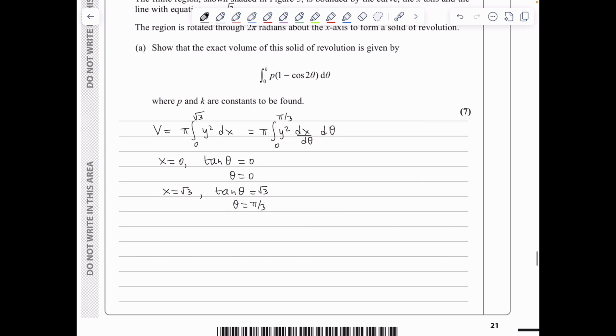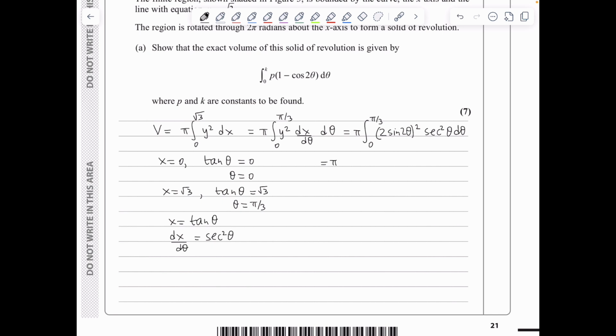We also have that x is equal to tan theta, and therefore dx by d theta is equal to sec squared theta, and therefore we are looking at pi times the integral from 0 up to pi over 3 of (2 sin 2 theta) all squared, this is the y squared, times sec squared theta d theta.